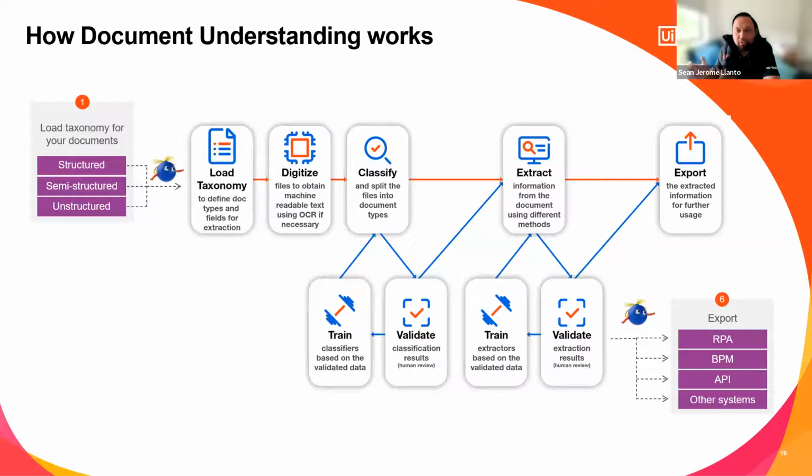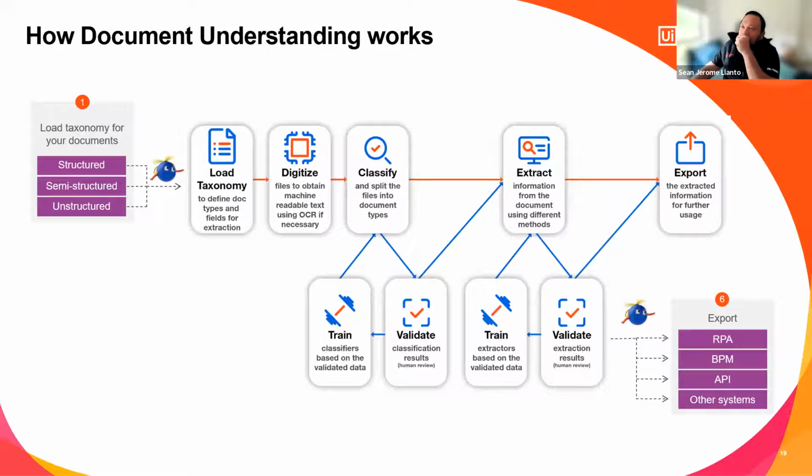In the next session on Thursday, conducted by another speaker, we will talk closely about how each of the activities looks and what we should consider when building the solution. How document understanding works is comprised of a series of steps.